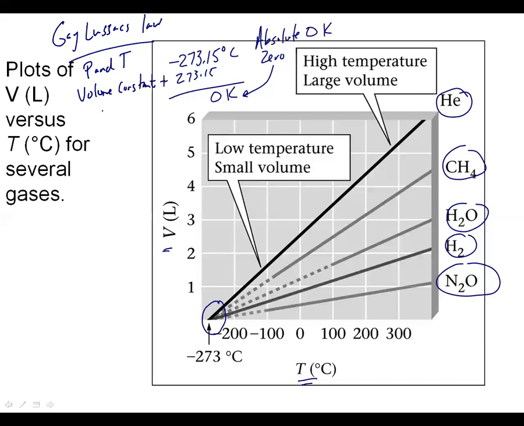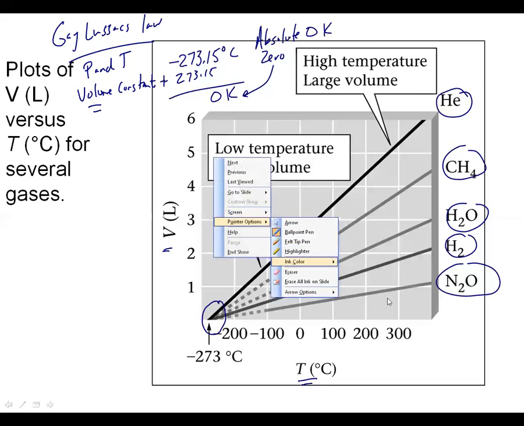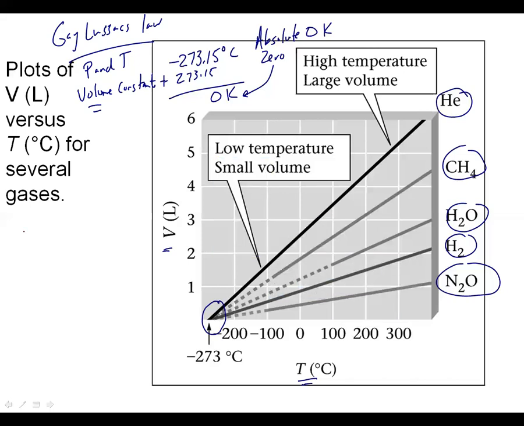And in his relationship, which is a very similar relationship to Charles' law, he found that P1 over T1 equals P2 over T2. And this as well is the same deal. Pressure here could be any unit, again, as long as they are the same on both sides. Temperature here does need to be in Kelvin on both sides.